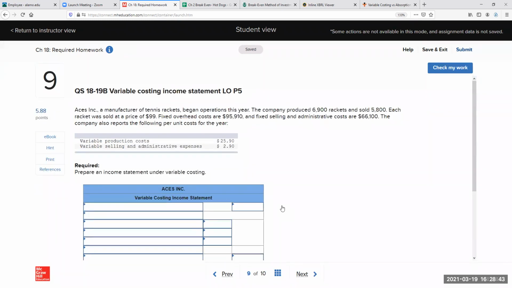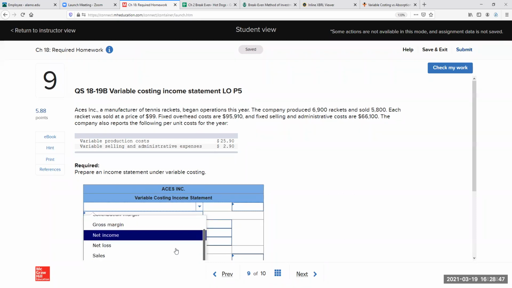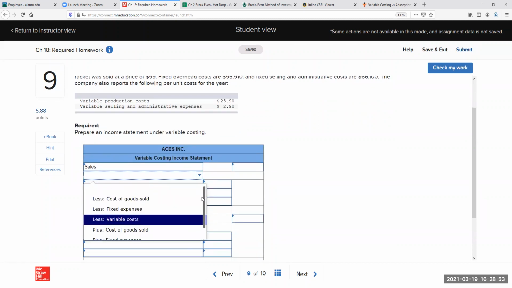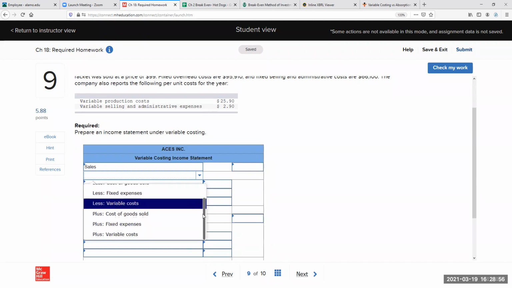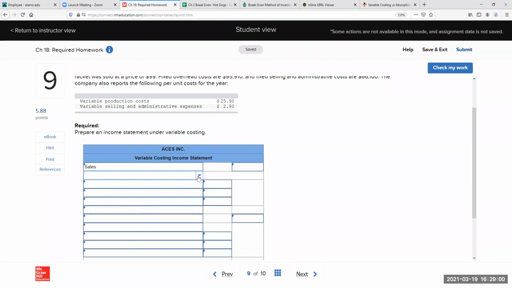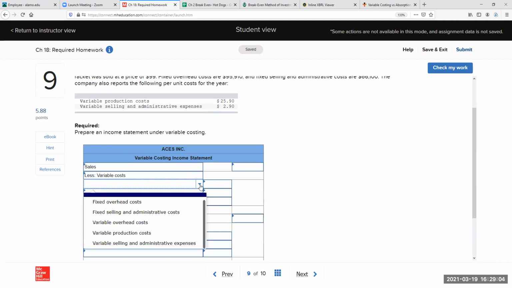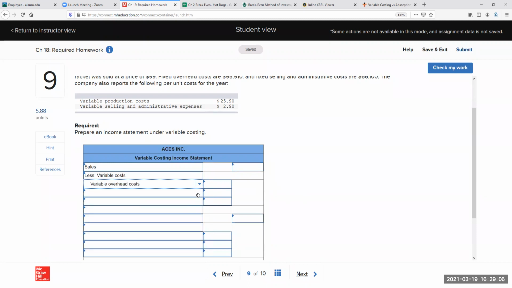Variable costing income statement. So again, you're always going to start off with sales minus your variable cost. What do we have that's variable? Variable cost of goods. I want variable cost, and then I want my variable overhead.